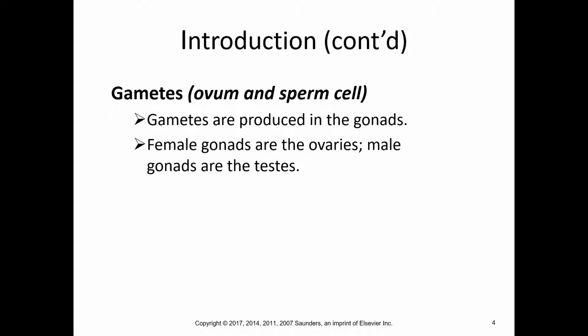For males, testes, so that does not include vas deferens, scrotum, penis, your various ducts, your ejaculatory ducts, and so forth that are part of the male systems. When we say gonads, we just mean the organ that produces the sex cell. So in females, that's the ovaries, and in males, those are the testes.